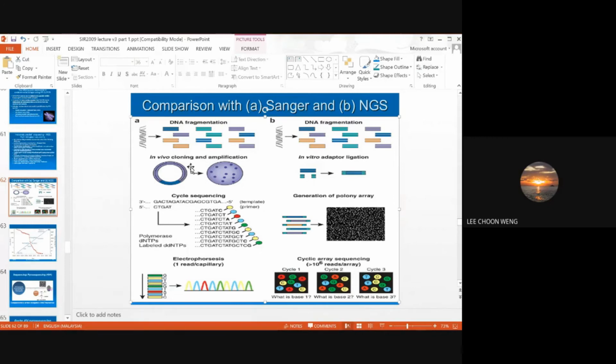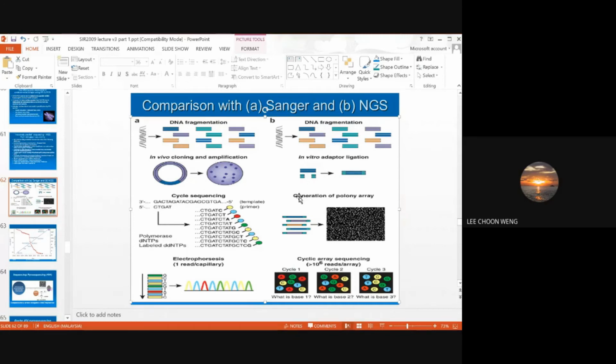So each DNA fragment that is different is inserted into these different colonies. That's why they use the word polony here, to reflect what you're seeing.